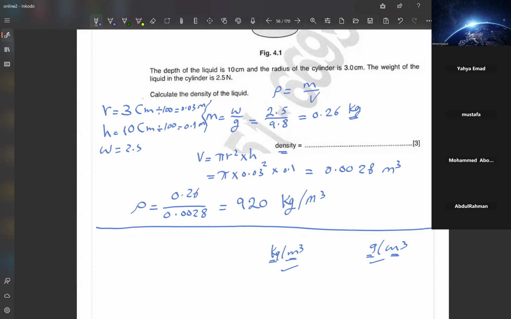In physics, we don't care, but the mark scheme will be given in this one and this one. And of course, the examiner will follow the mark scheme. So ensure you are using the right unit.